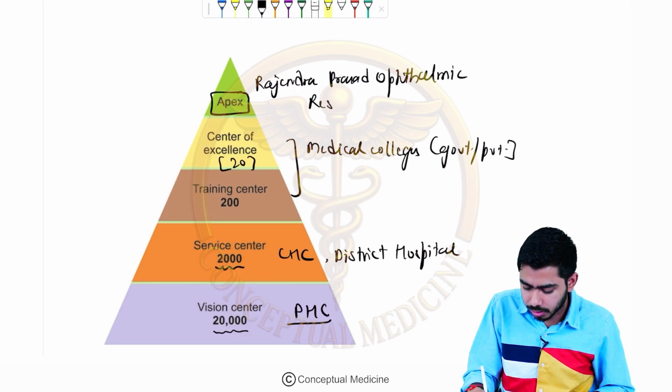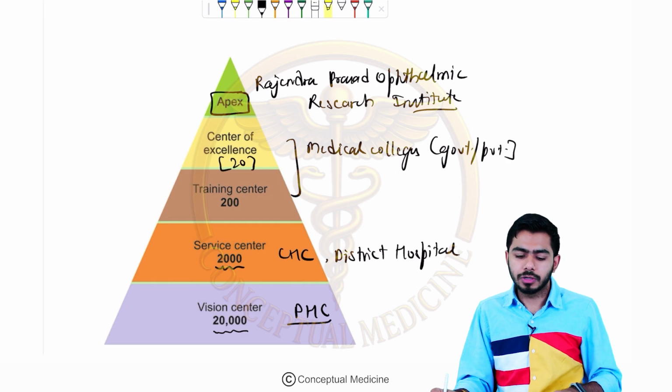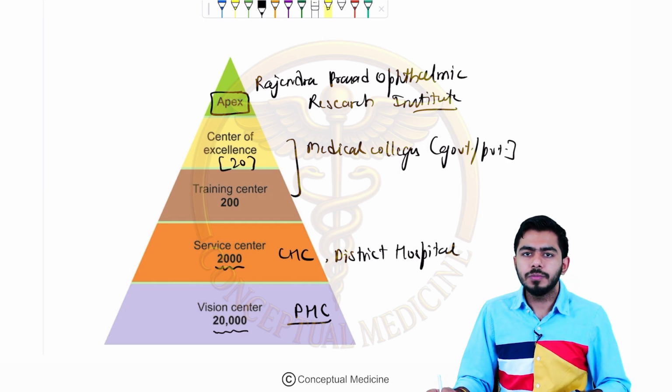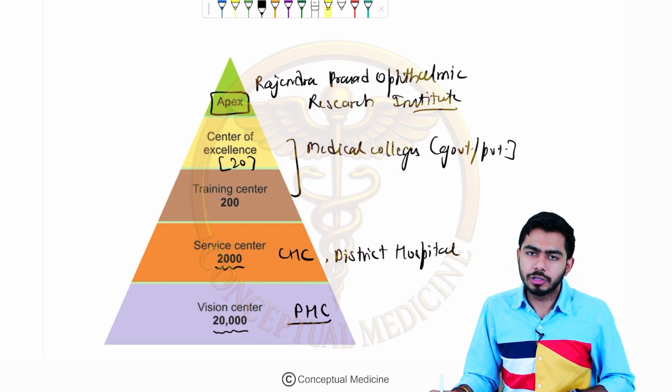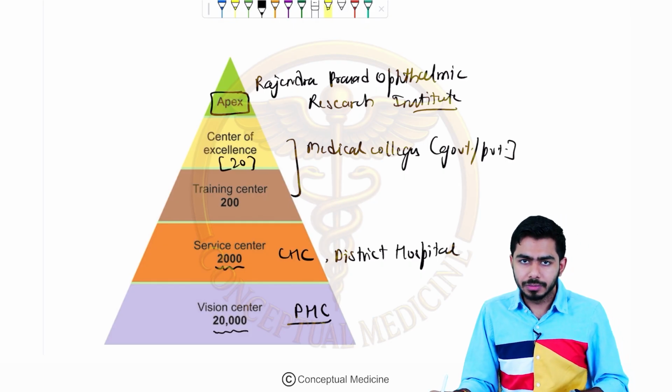That is the apex institute working in India. So that was about the NPCB plus VI, National Program for Control of Blindness plus Visual Impairment. Thank you.